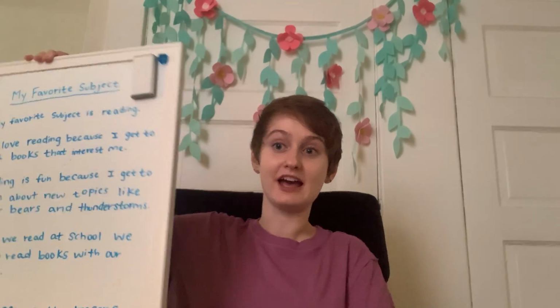We are going to go through the steps of how to write a paragraph about our favorite subject. Because paragraphs are a little bit longer and I didn't want to bore you guys with watching me write, I went ahead and put together a paragraph about my favorite subject.